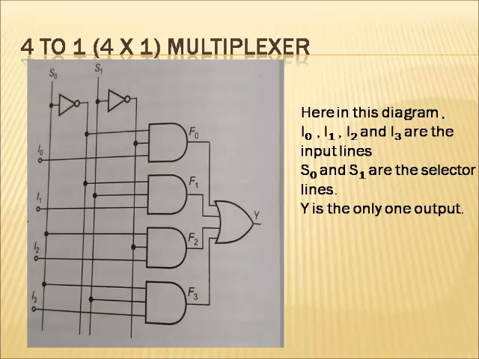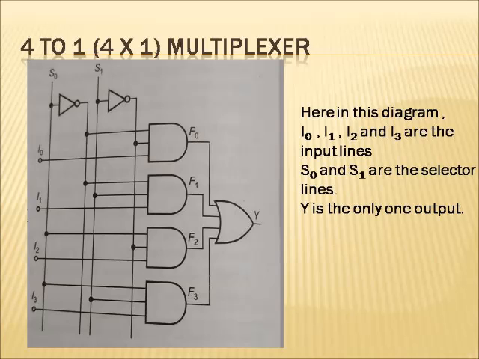The AND gate F1 is connected to S0 equal to 0 and S1 equal to 1. The gate F2 is connected to S0 equal to 1 and S1 equal to 0. And the gate F3 is connected to the selector lines S0 equal to 1 and S1 equal to 1.